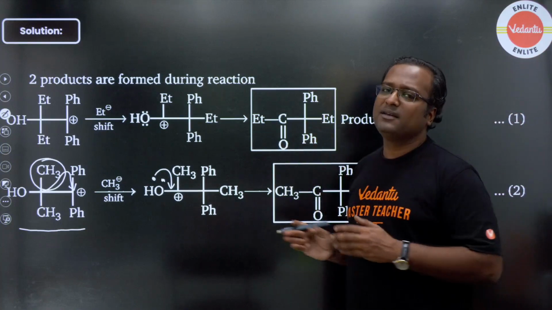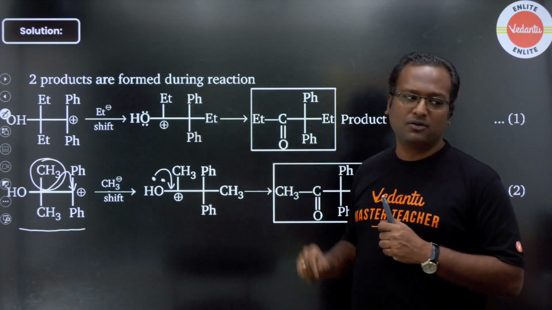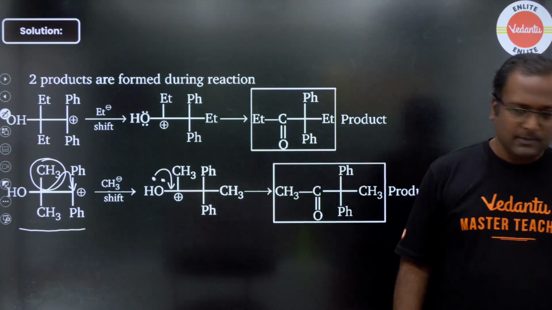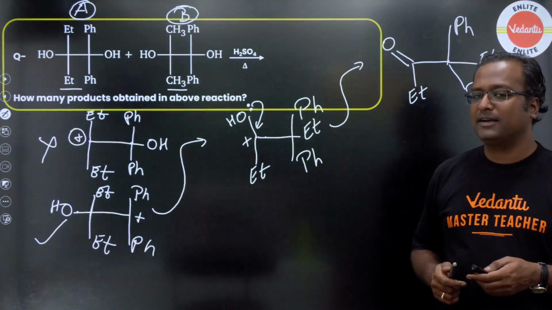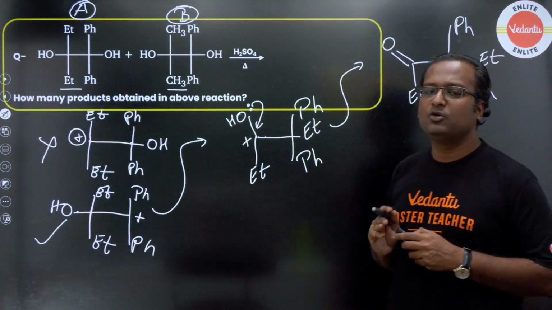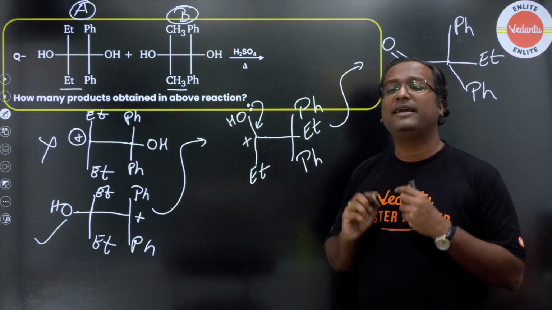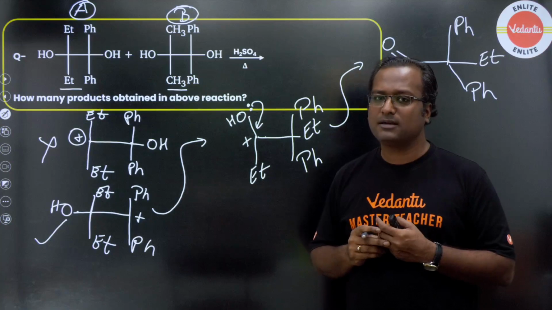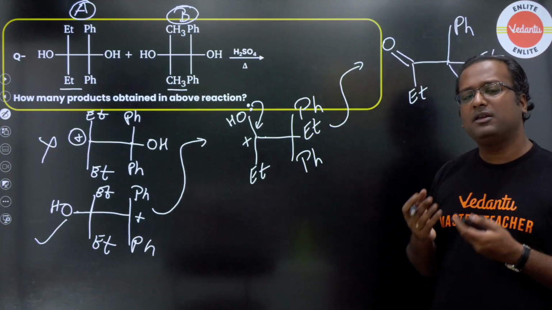There is one more reason why this question was asked as a mixture of two reactants. The reason was to check whether you know or not that pinacol-pinacolone rearrangement is intramolecular in nature. Pinacol-pinacolone rearrangement is intramolecular in nature.